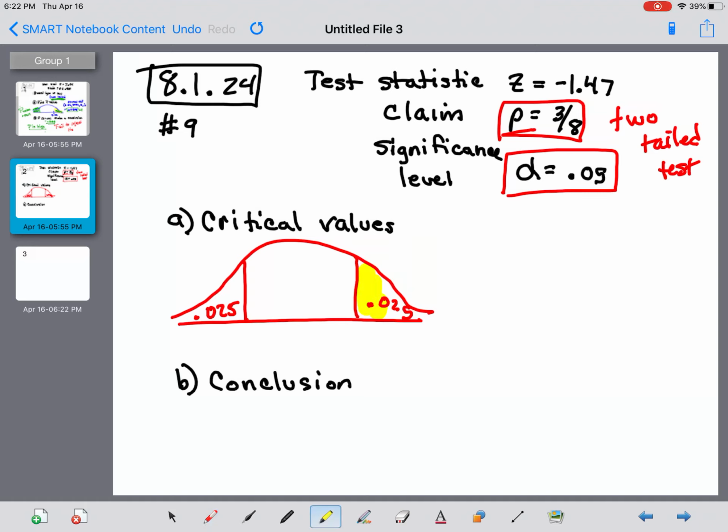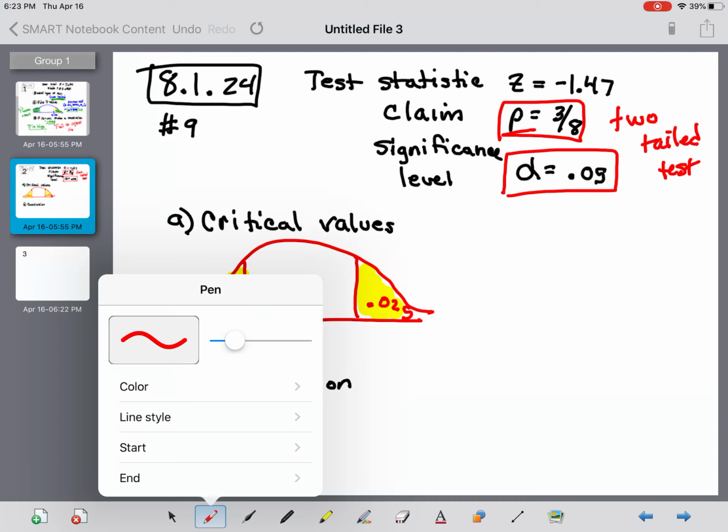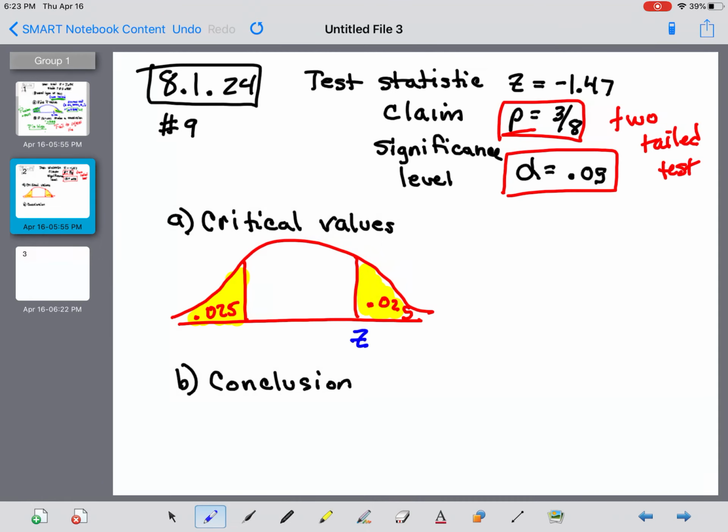So now we know the area and what we're looking for is the z value. We need this z value and this z value, and since we know the area, we use the inverse norm function.